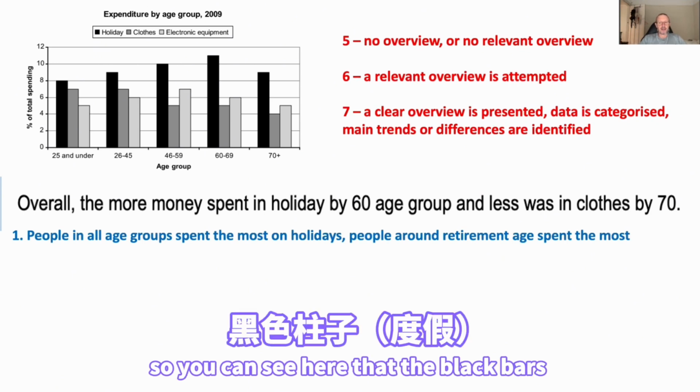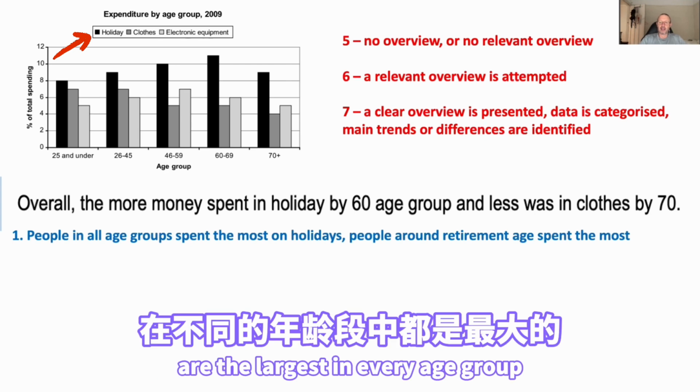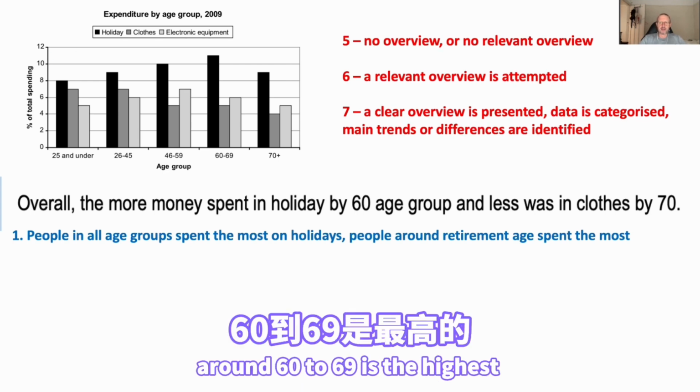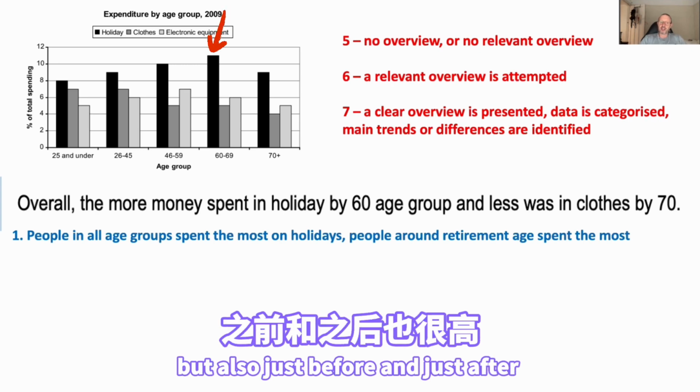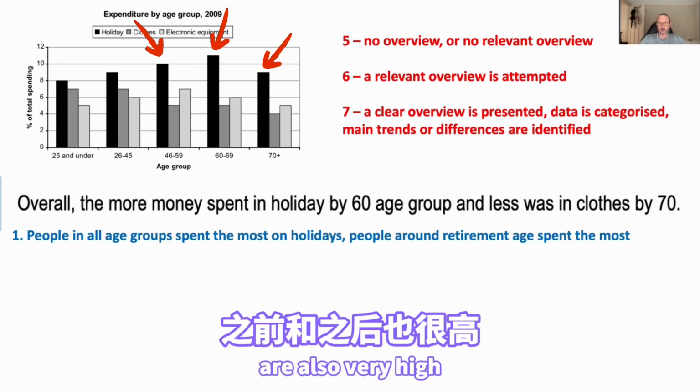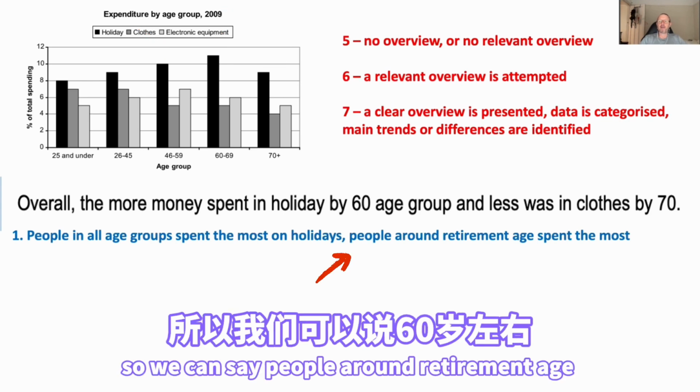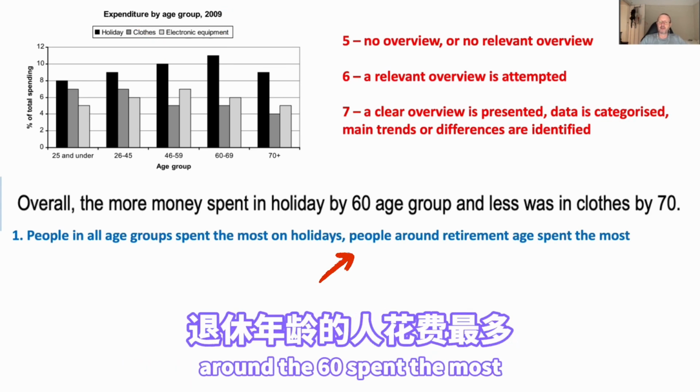So you can see here that the black bars are the largest in every age group, and you can see that around 60 to 69 is the highest, but also just before and just after are also very high. So we can say people around retirement age, around the 60, spent the most.